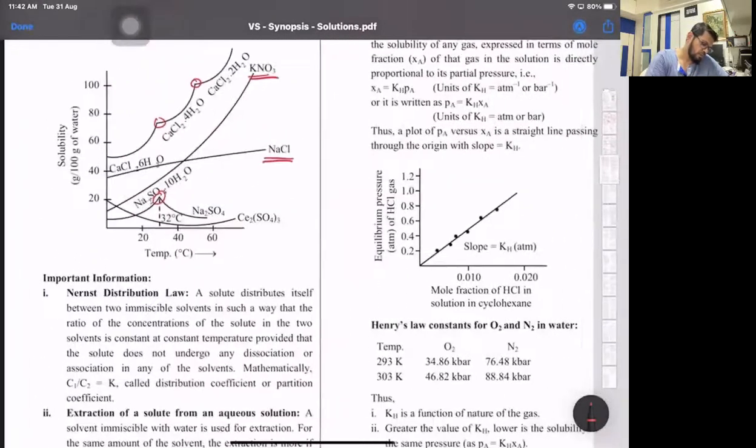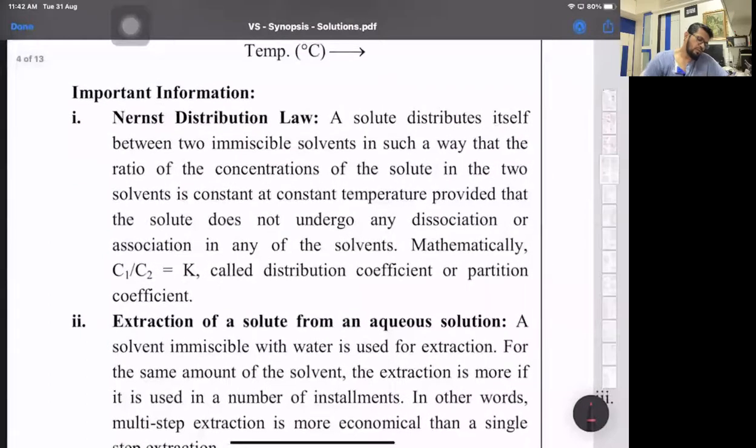That is one. Then important information, Nernst distribution law. We have done Nernst in the electrochemistry part where we talk about the concentration term, the activity coefficient. Solute distributes itself between two immiscible solvents in such a way that the ratio of the concentrations of the solute in the two solvents at constant temperature is constant.